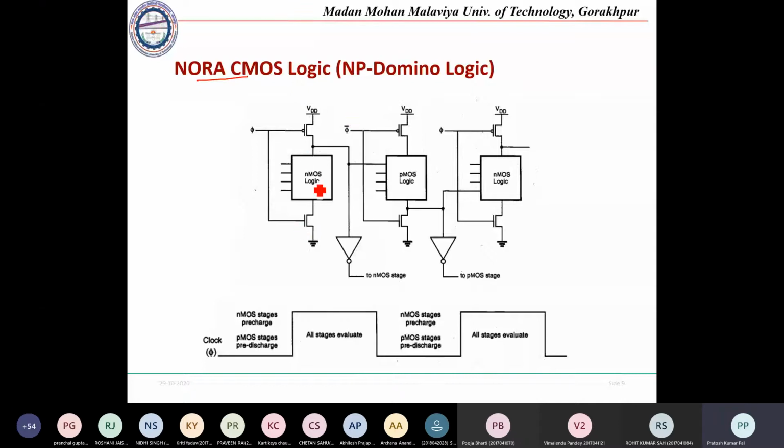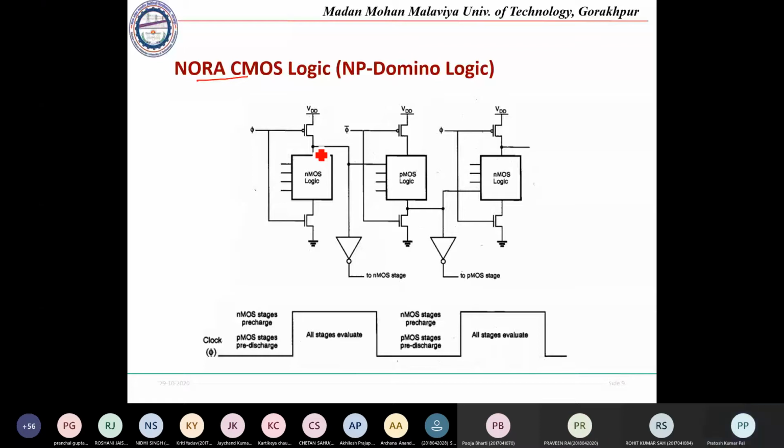If NMOS logic is there, then its output will be taken from the drain terminal. So it will be the drain output. From the upper side we will be taking the output, and this output will be considered as input to the next stage. And the next stage will be made up of PMOS logic instead of NMOS logic. The upper side will have a PMOS transistor, and at the downside it will have an NMOS transistor.